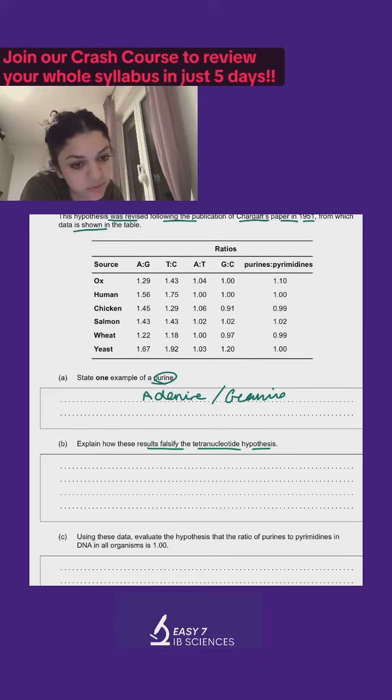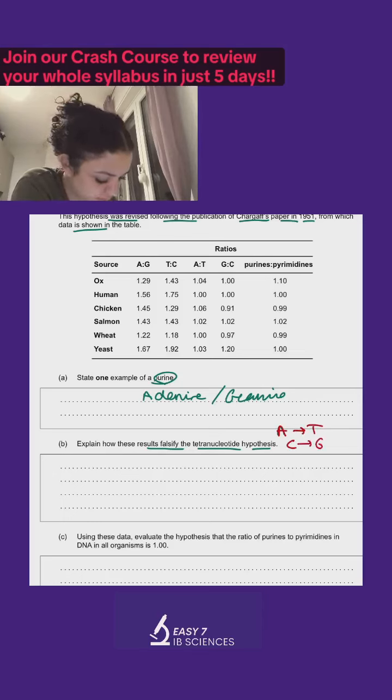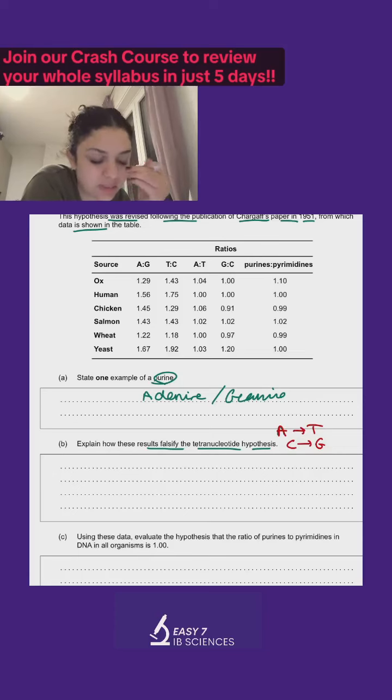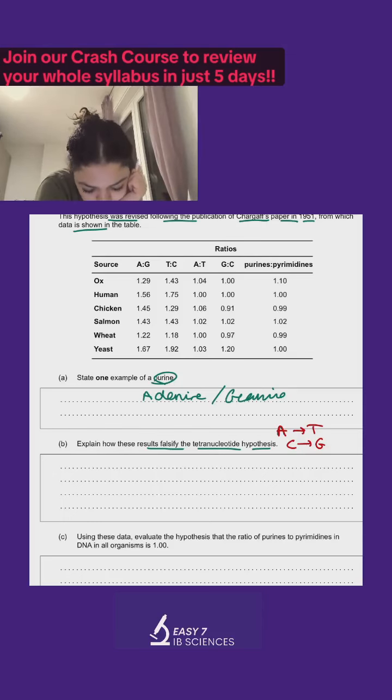So let's first apply our knowledge that adenine binds with what? Thymine, right? The way I like to remember is apples in the tree and cars in the garage. So adenine binds with thymine, and cytosine bonds with guanine. Okay. So looking at the ratios will help us, right?